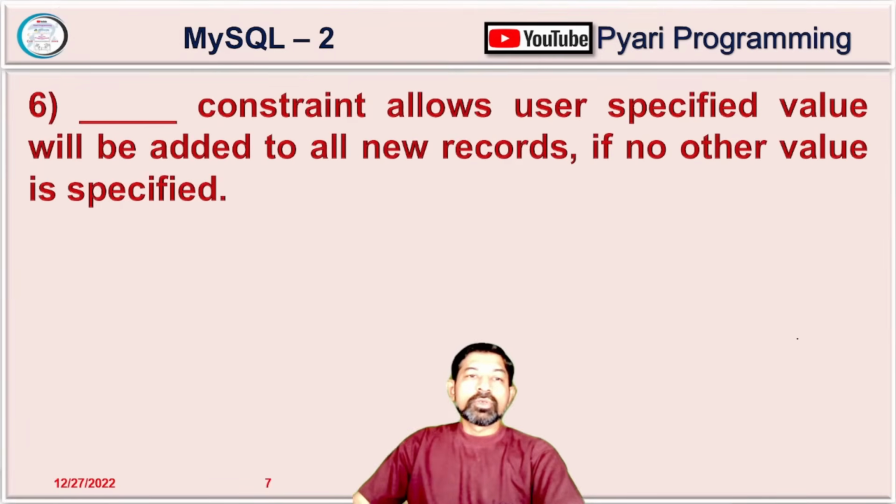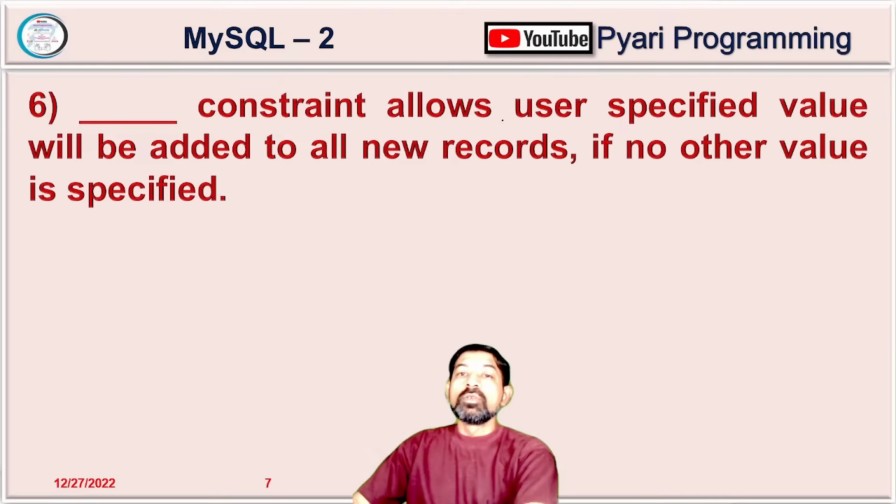So this time the question is asking: dash constraint allows user specified value. User specified value means whatever value the user has specified will be added to all new records if no other value is specified.